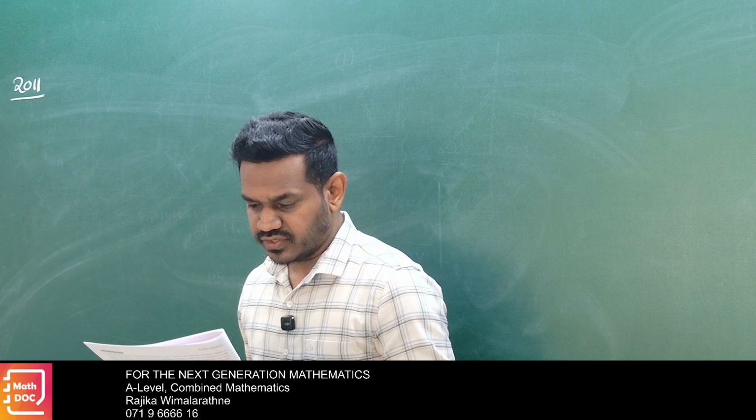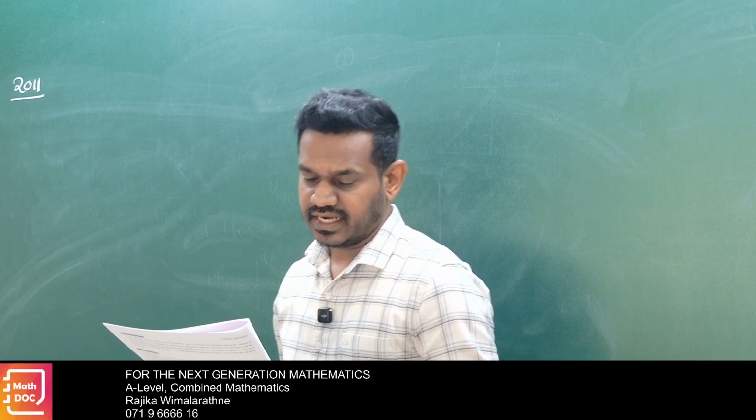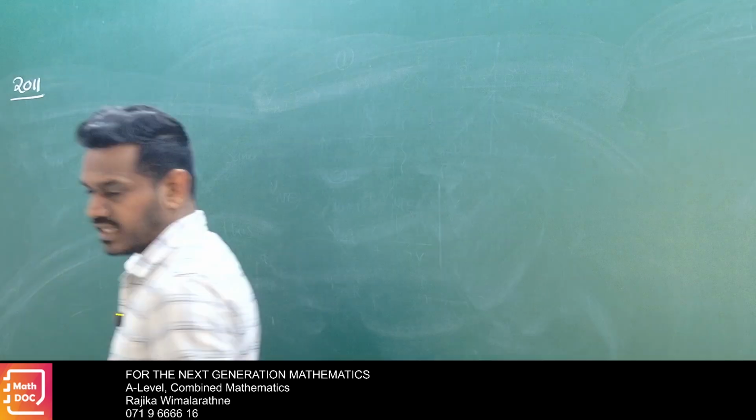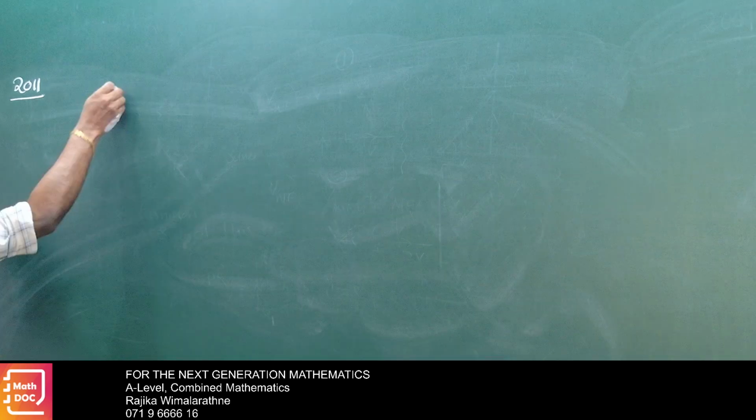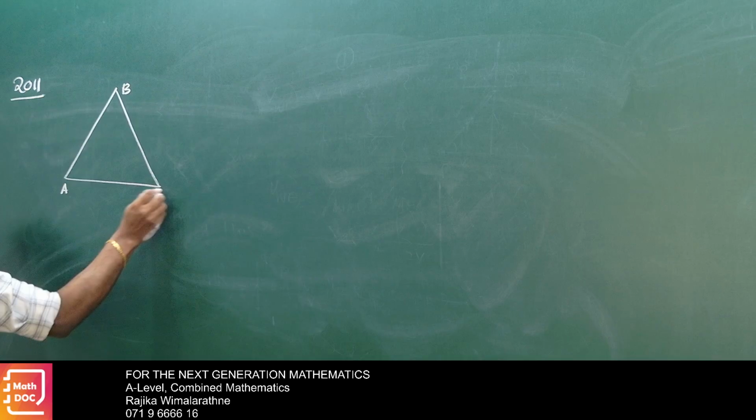It is better to sketch this way. Here A, B, C. Now the wind is blowing parallel to AC.